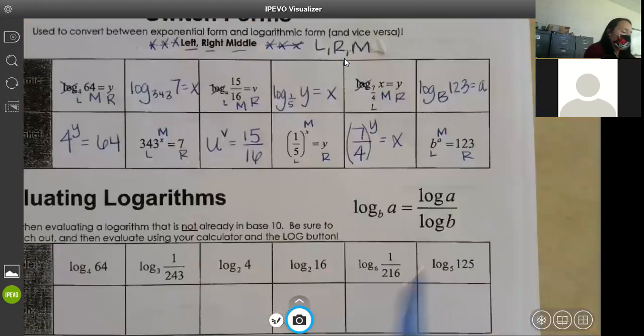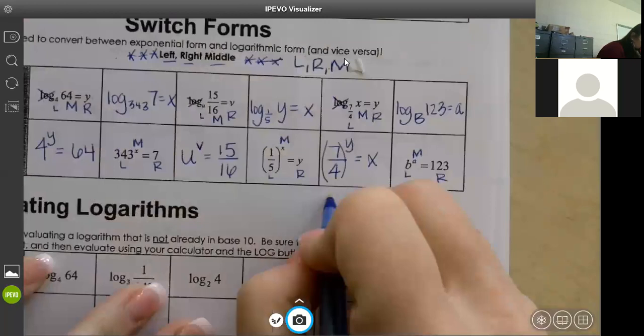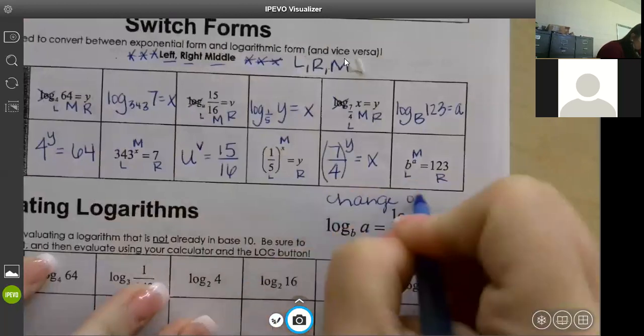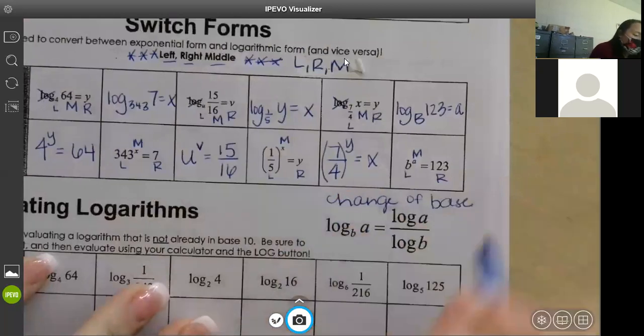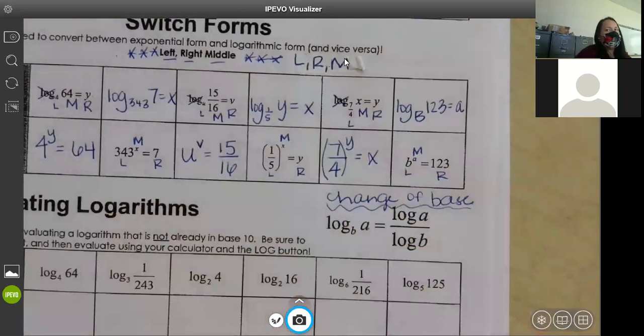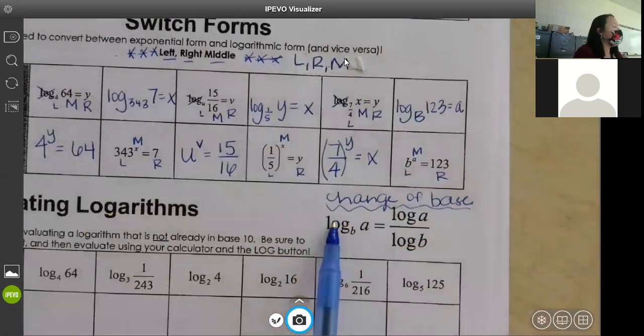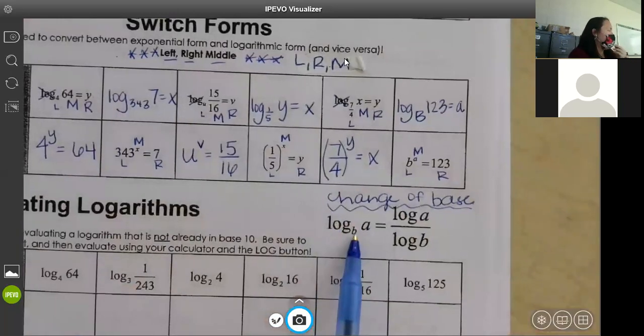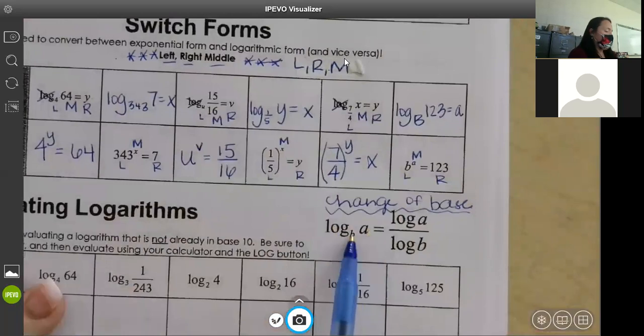So this is called the change of base formula. Change of base formula. And the way I always teach it is when you look at your log, the way you should say it is log base B of A. This is a base.